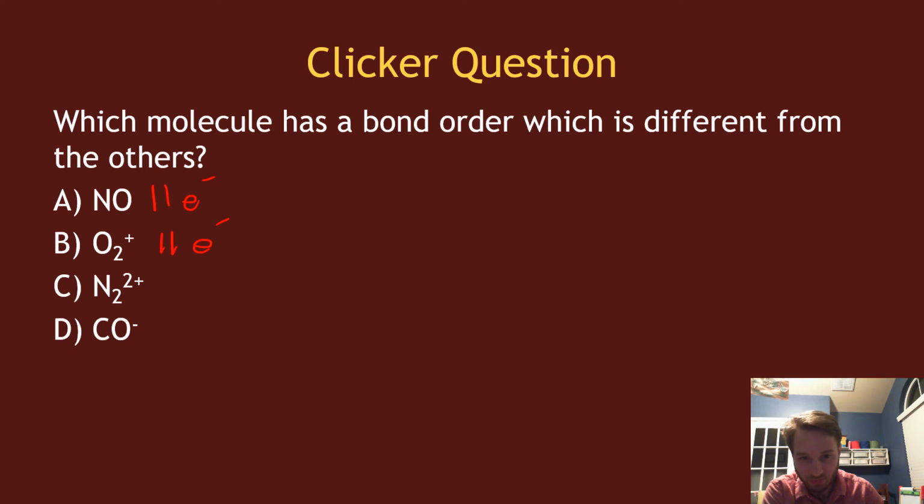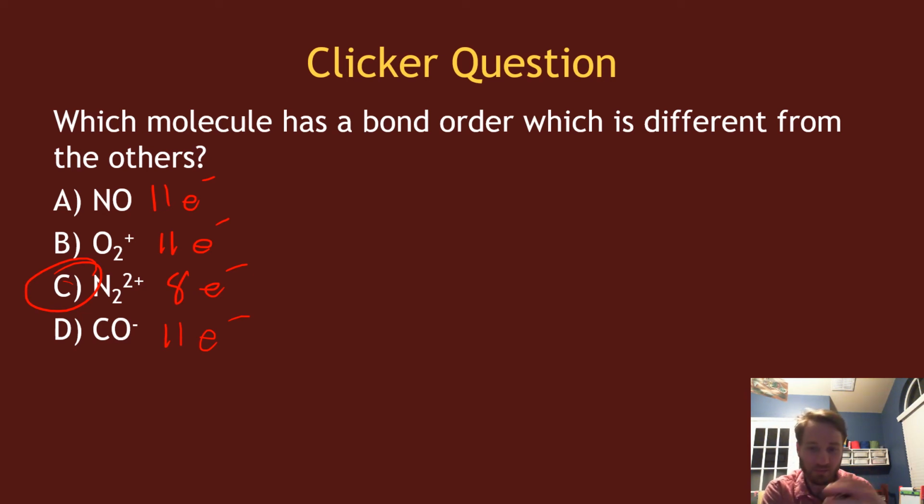N2 2 plus: N2 has 10, so it's going to have 8 electrons. And then CO minus is going to have 11 electrons. So just looking at the number of valence electrons, it's going to be C here. You could draw the MO diagrams and see that C will in fact be different, but just counting the number of electrons gave us the answer.